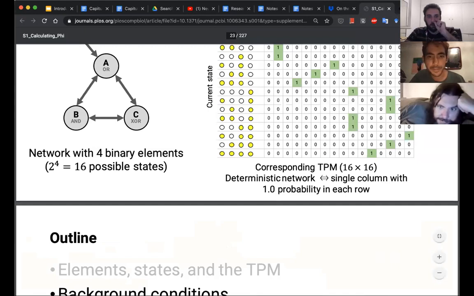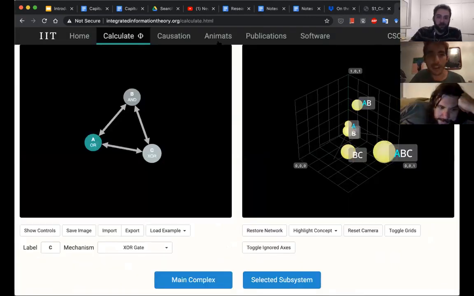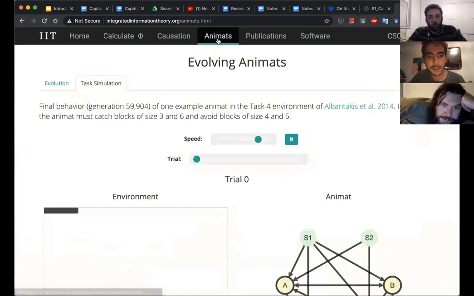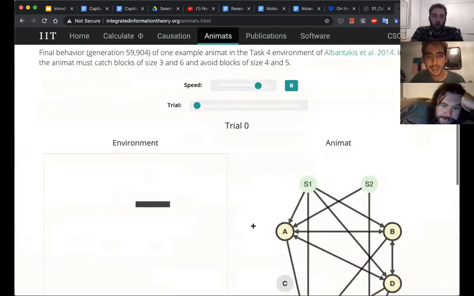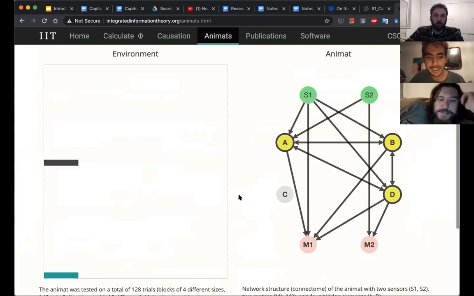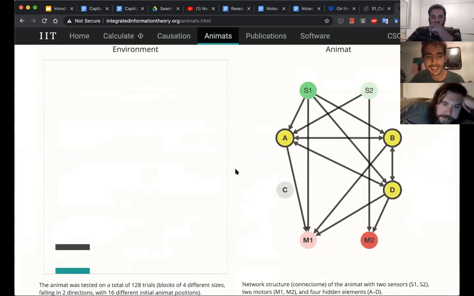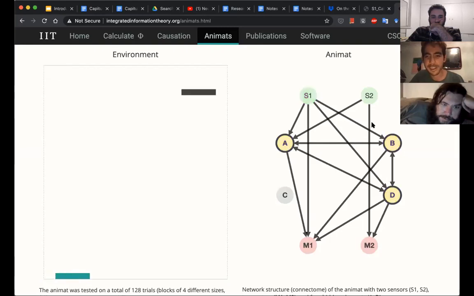Yeah, it's amazing. And then there's a cooler thing, maybe I can also show next time, which is animats, which is something I worked on a bit when I was in medicine. These are little animals that evolve to solve a problem.